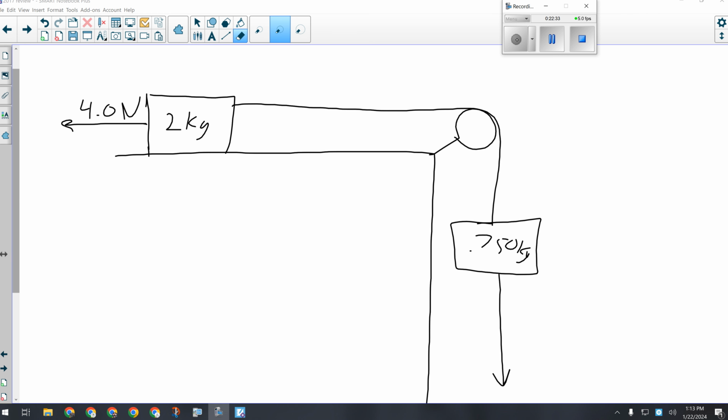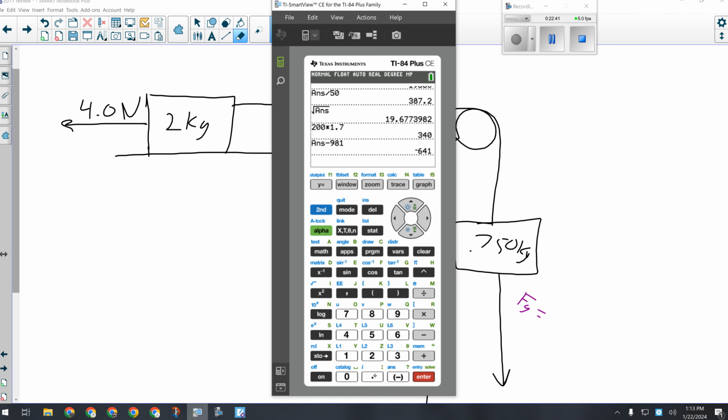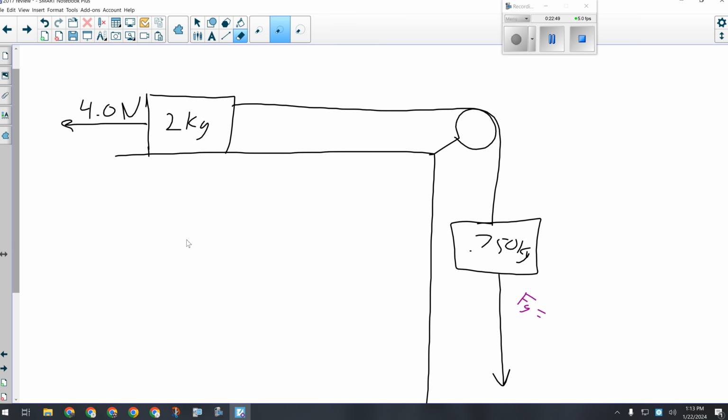Okay, so first thing we have to do is calculate the other forces involved. That would be the force of gravity on the 0.750 kilogram mass. So we'll go 0.75 times 9.81, and we'll get that driving force of 7.35 newtons. We'll keep all the decimals. Those are the only two forces acting.